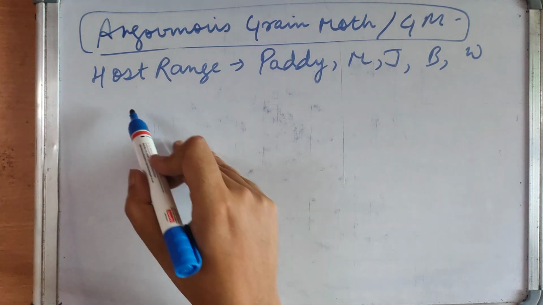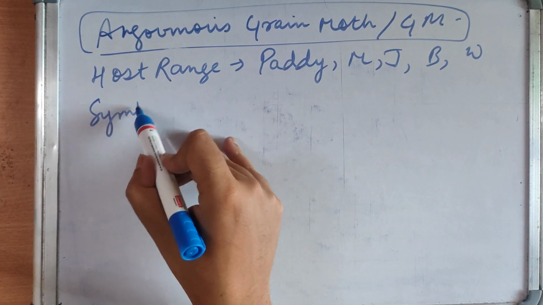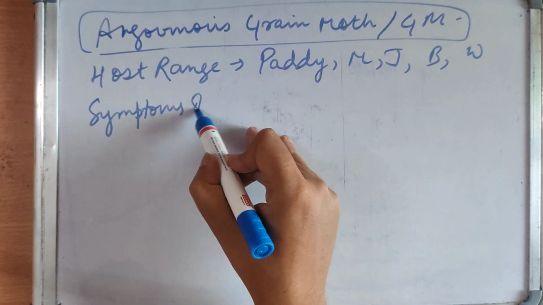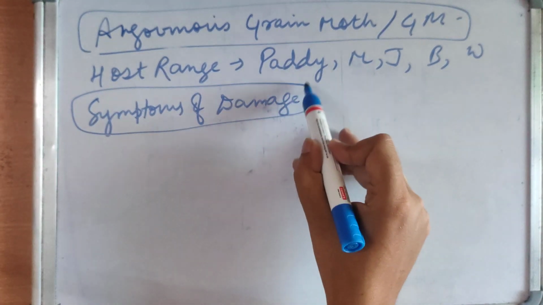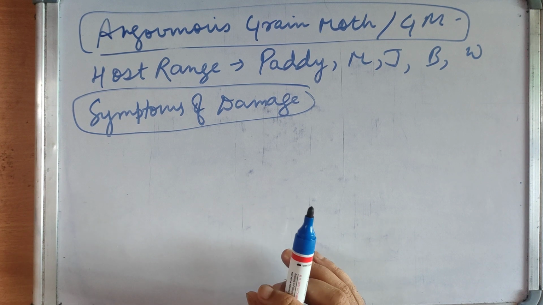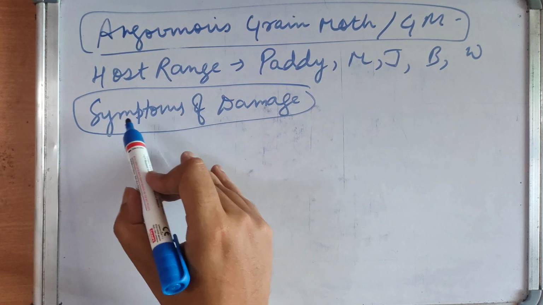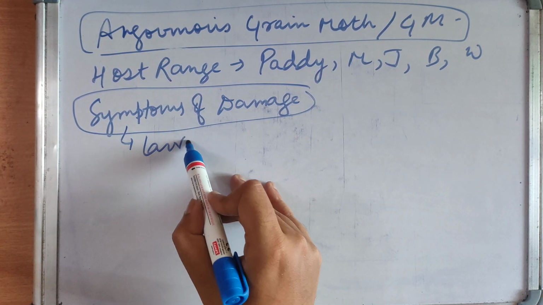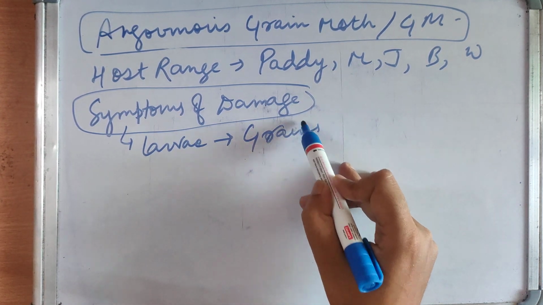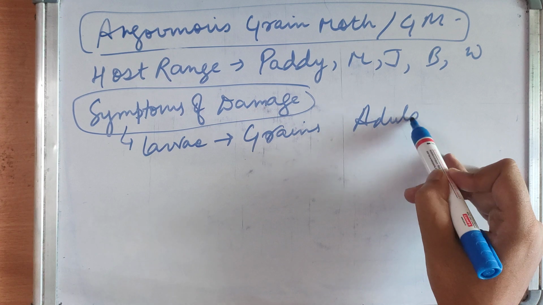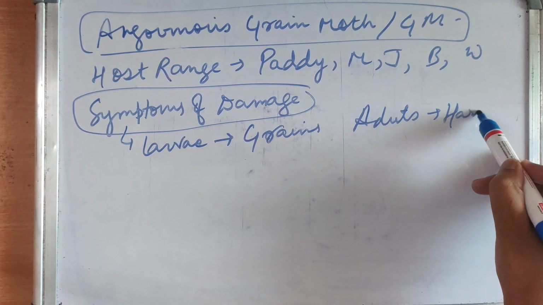Now symptoms of damage. Larvae only damage grains, and adults are mainly harmless.